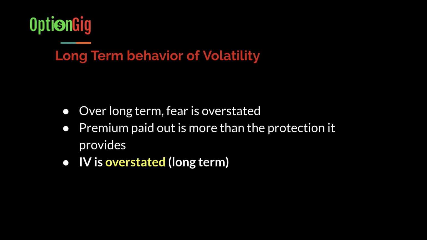But you don't know when those periods are going to appear. So over a long term, the implied volatility is overstated. Within that long term, let's say over a decade, there may be some shorter durations wherein it is understated. But we are in this game for the long term. So we look at how the long-term behavior plays out, and we define our strategies based on that.